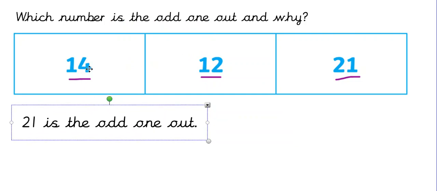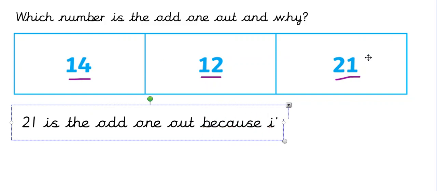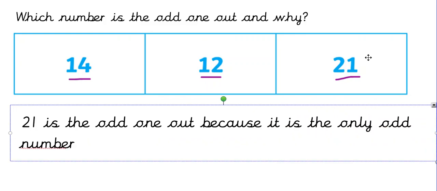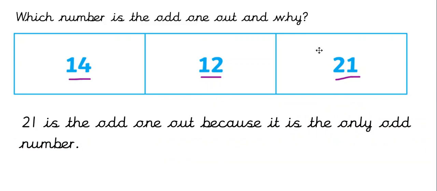We've got 14, we've got 12, and we've got 21. Think about what we are doing today. Why is 21 the odd one out? Okay, so 21 is the odd one out because it is the only odd number. Okay, so it is an odd number because it ends in a 1.